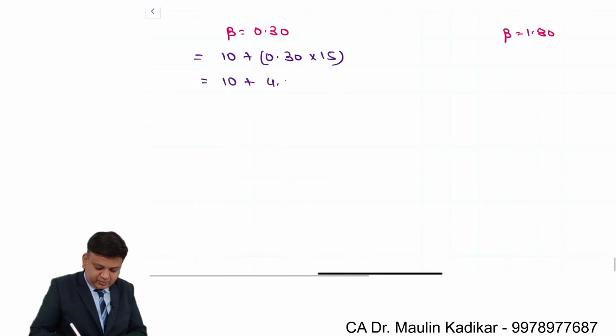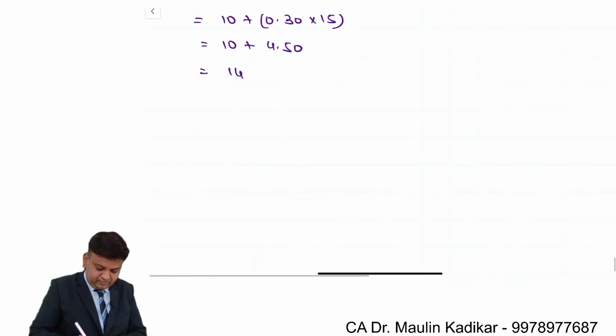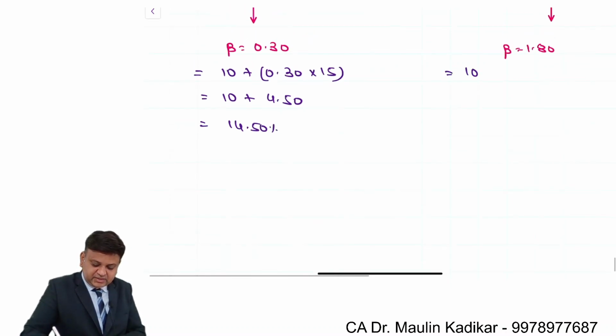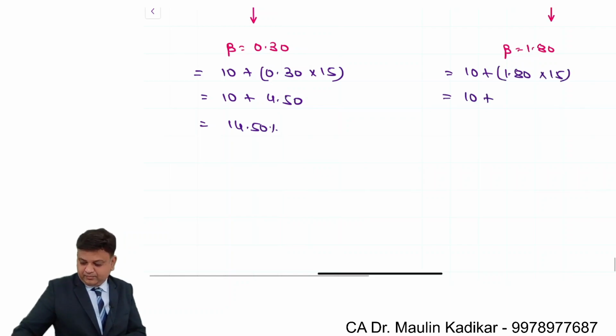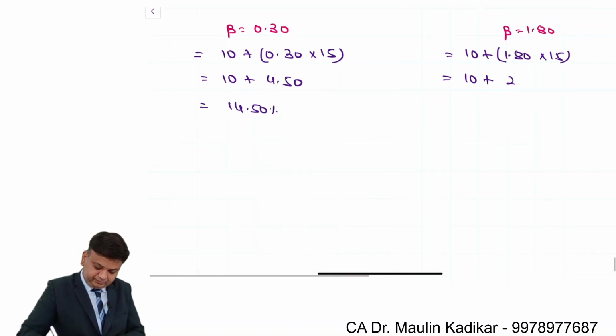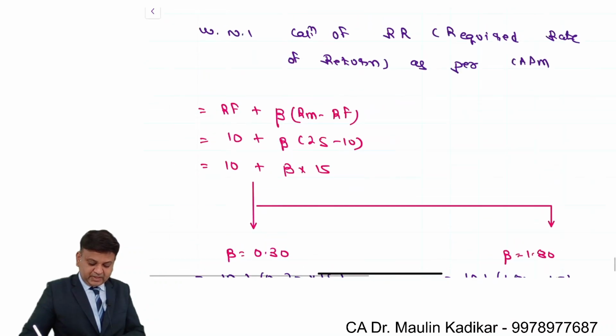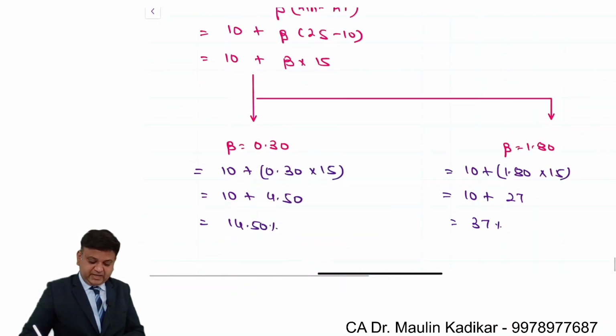So 10 plus 4.5 comes to 14.5. Again it is 10 plus 1.8 into 15. So 1.8 into 15 comes to 27. So overall it comes to 37%. This is the way the required rate of return can be calculated.